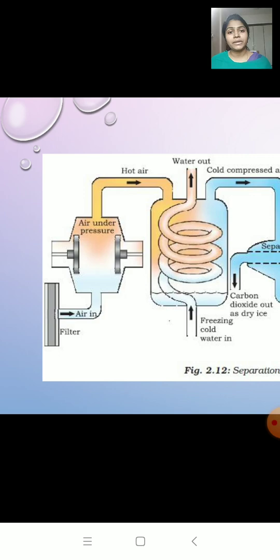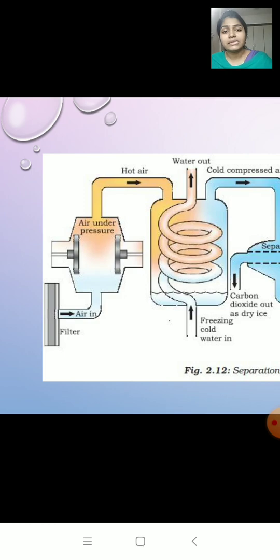In the compressor, the air is compressed at a very high pressure, around 200 atmospheres. Then this compressed air is passed into a freezing unit, where the air is frozen at around minus 200 degrees Celsius.